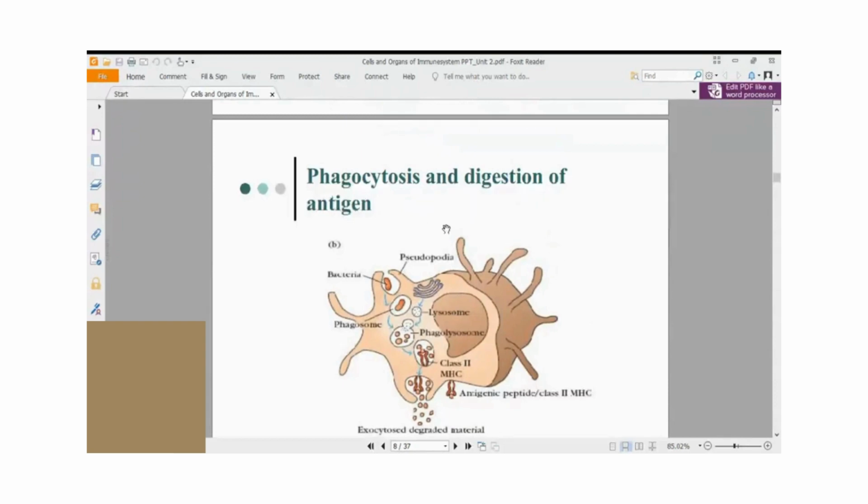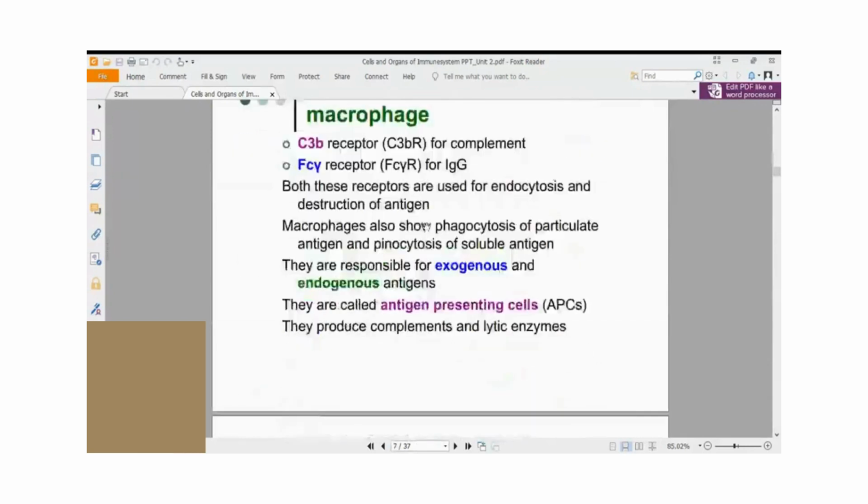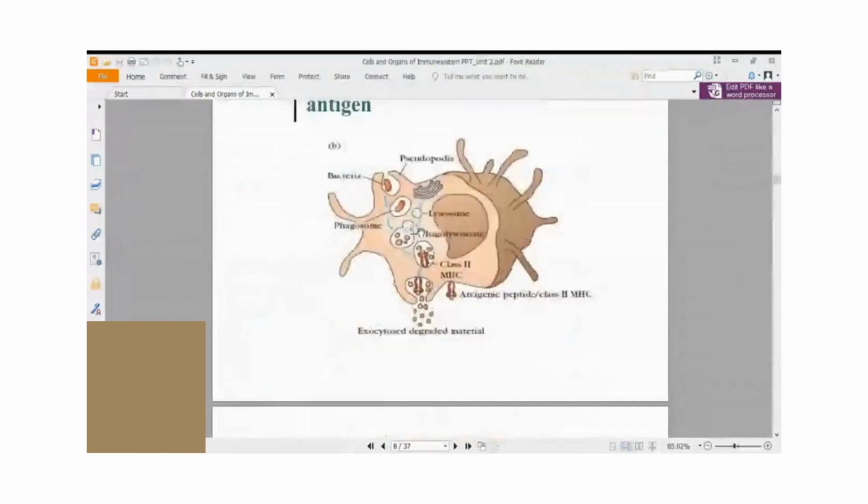In TB patients, if the tuberculosis bacteria has colonized the lungs of the person, the alveolar macrophages in the lung will engulf the tuberculosis bacteria, and they form a large congregation of macrophages in the lung, and they appear as granuloma.